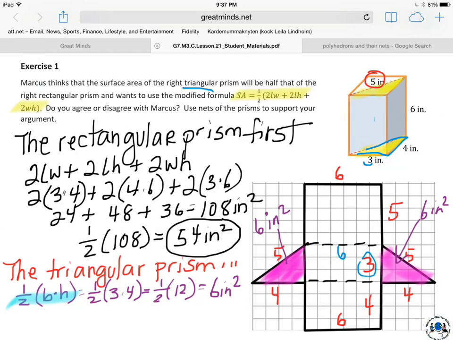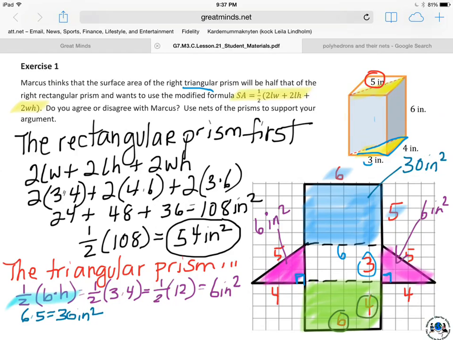Those happen to be right triangles, as you can see by the right angles right there. Then we can look at the largest rectangle, and very simply, the area formula of a rectangle is length times width, or base times height, however you want to look at it. 6 multiplied by 5 is 30 square inches.